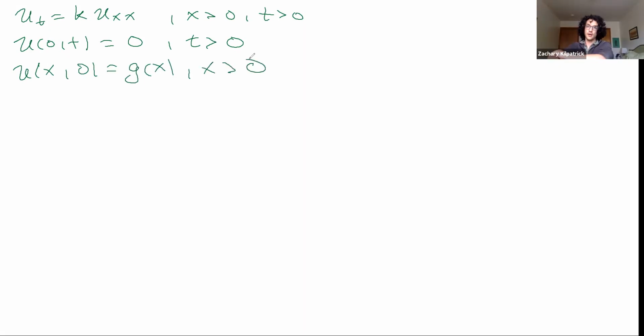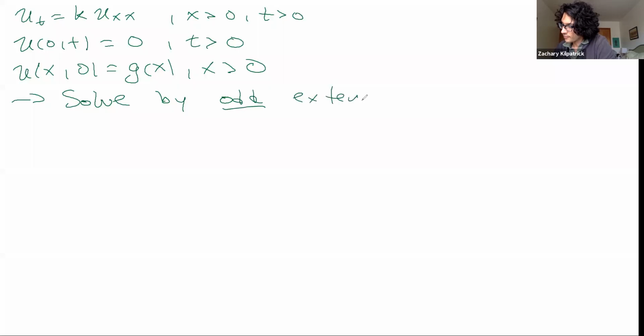Essentially, you can solve this by odd extension. If it were a Neumann boundary condition, or one that depended on the spatial gradient, you would solve it using even extension.